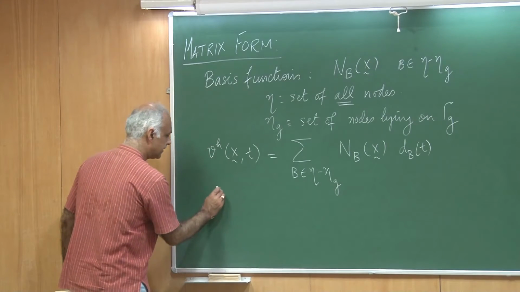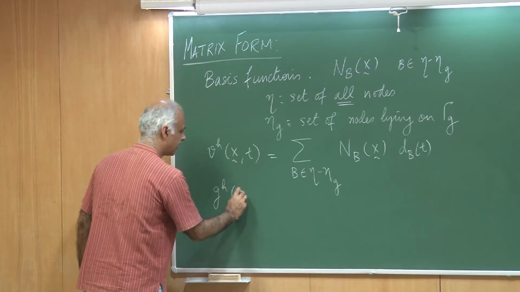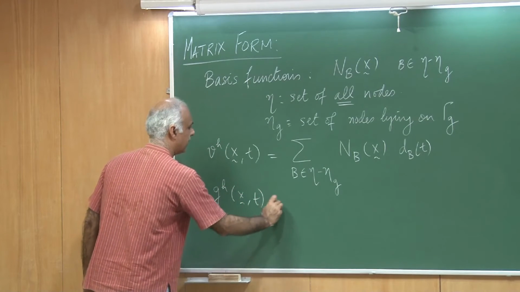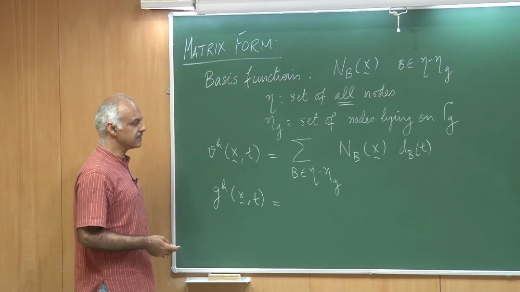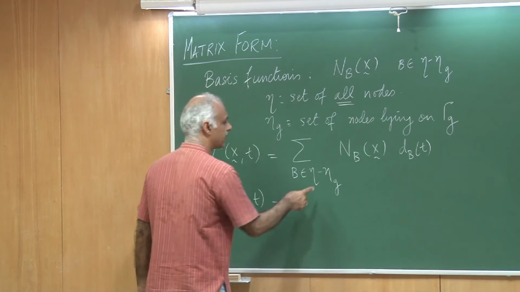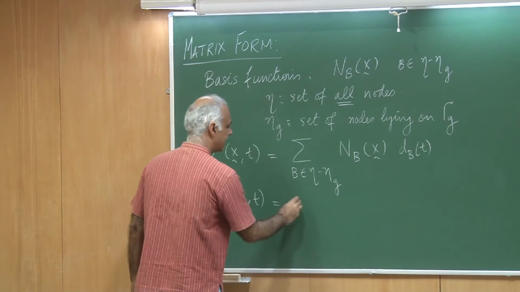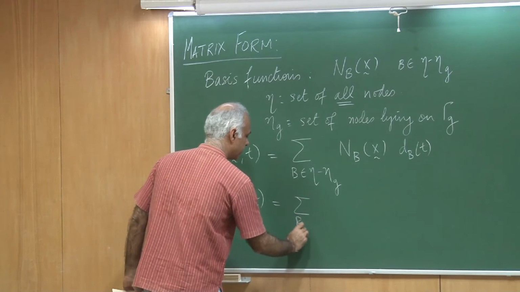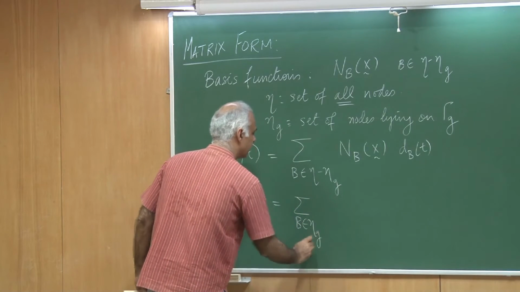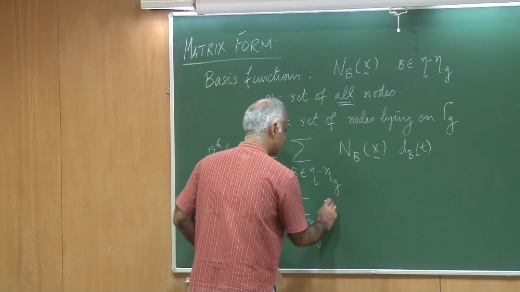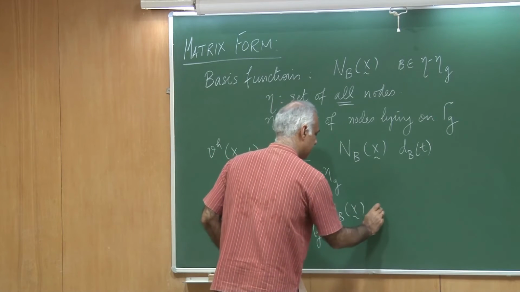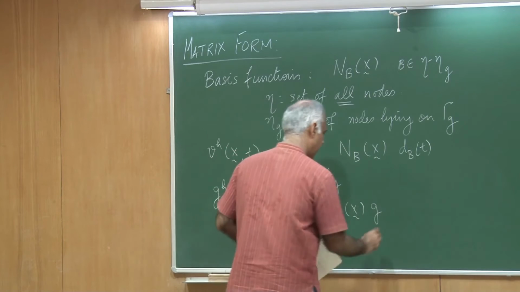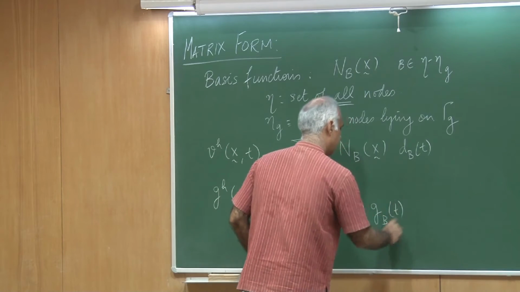What about g? These are also going to be time dependent, and now I am going to introduce additional functions which are actually defined on eta g. So, these would be B belonging to eta g and I would write them as NB of x times g of B at t.